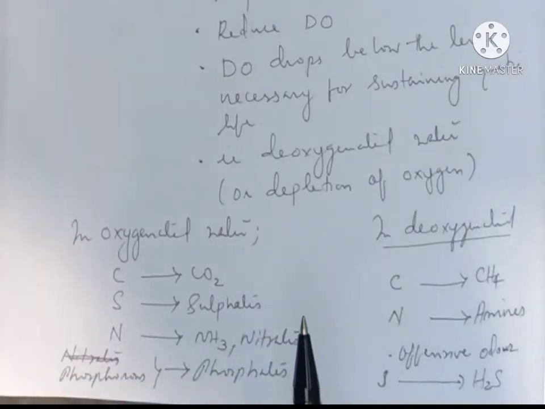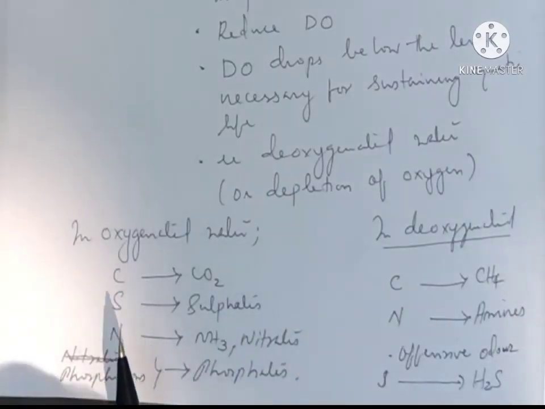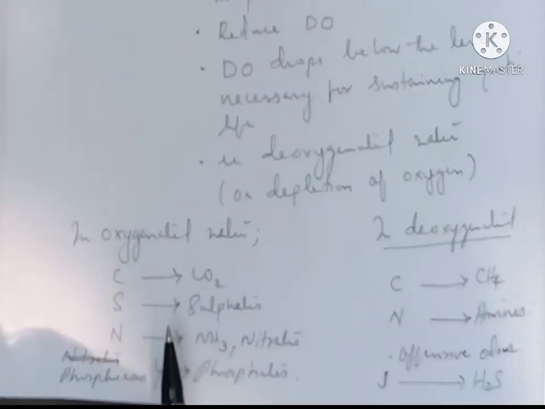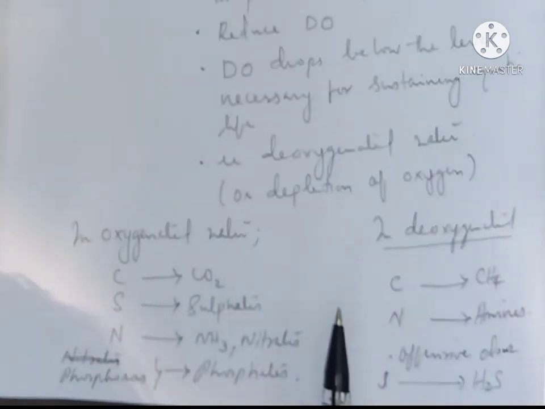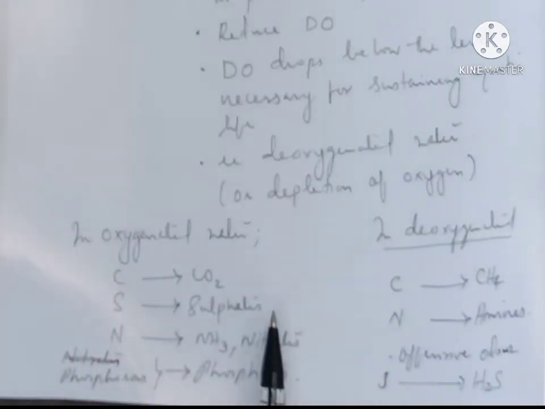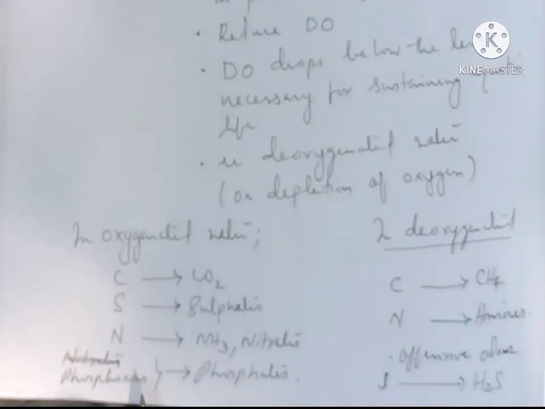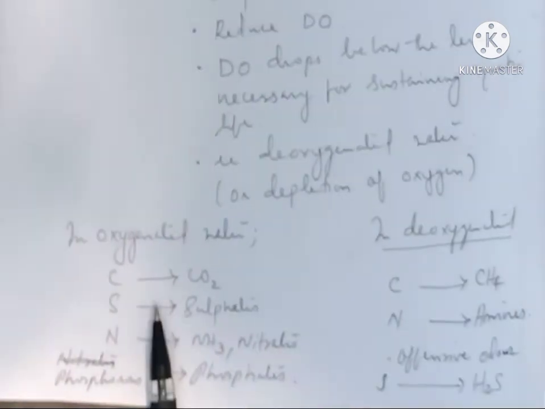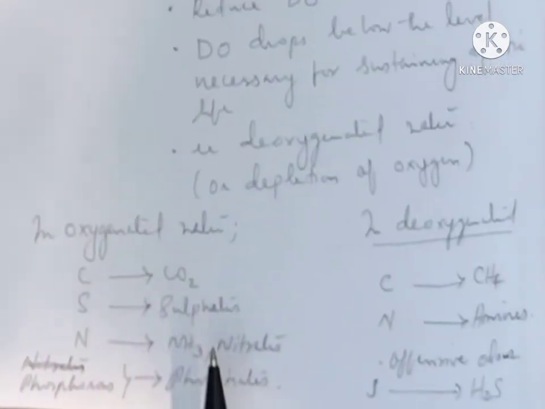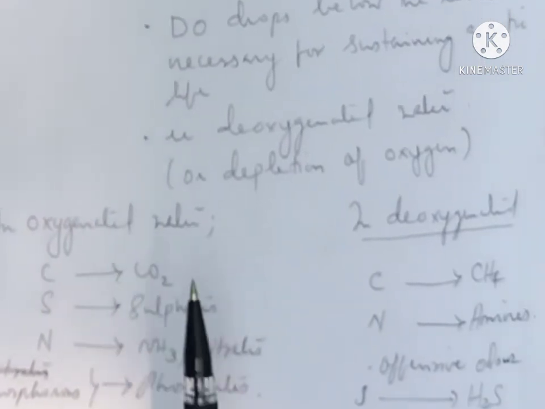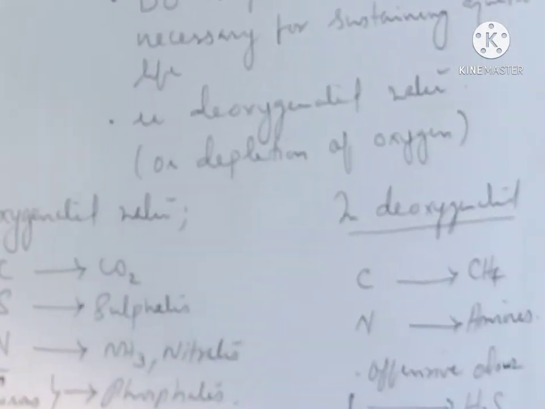Normally in oxygenated water, what happens is carbon converts to carbon dioxide, sulfur to its sulfates, nitrogen to its ammonia or nitrates, and phosphorus is commonly converted into phosphates. So these products formed in the oxygenated water are not that harmful to aquatic life.